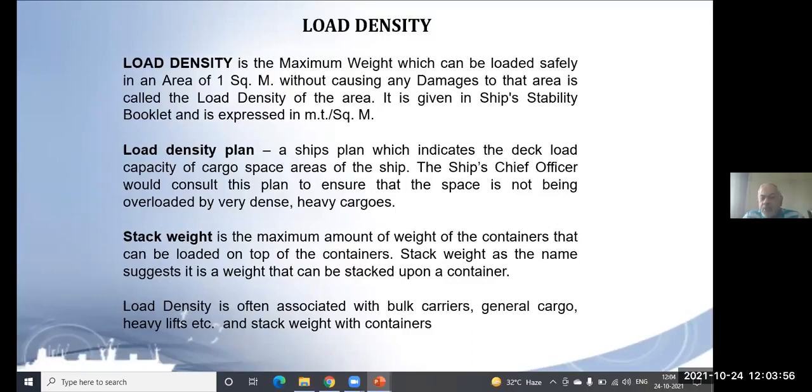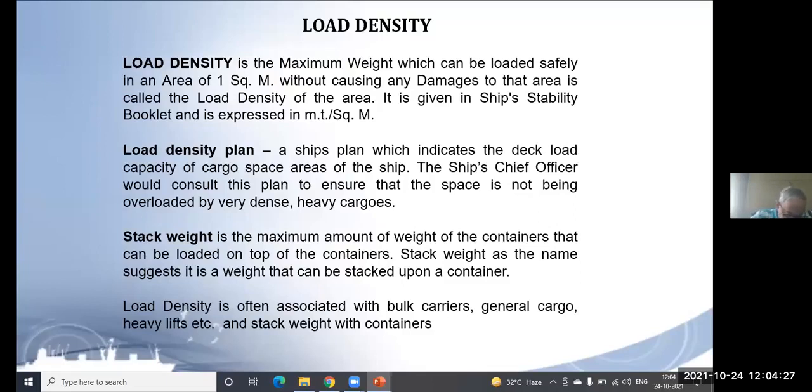All such preparations are done by the ship, assisted by the owner, or on the owner's behalf the agent or the ship manager. This job is mainly done by the chief officer, under the overall command of the captain.